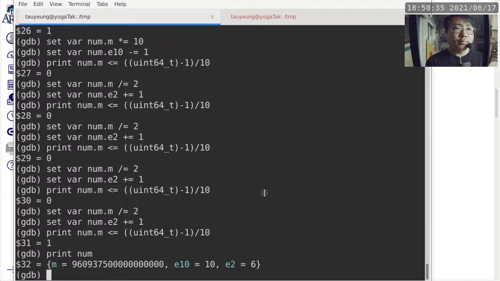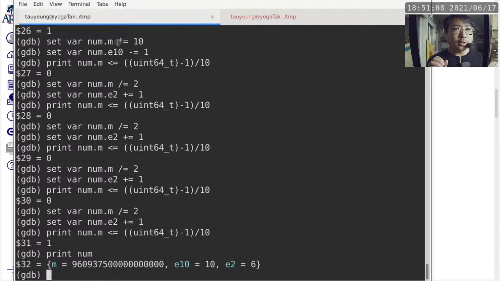Where is the negative 1 coming from? From the e10 to negative is equal 1, and then you change it to positive. Do you see the e10? Yes, e10 negative, you change it to positive, right? Yes, e2, but do you understand why we do this?